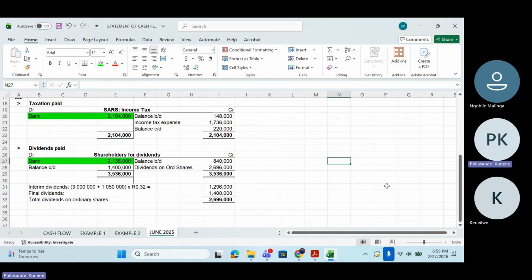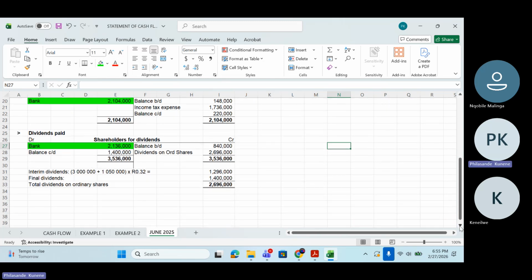But guys, you know very well that you can also take your interim dividends to calculate your dividends paid. You can just take your interim dividends plus the opening balance. So our interim dividends, which we do have, is how much? 1,296,000, right? This is the amount of interim dividends that we calculated.